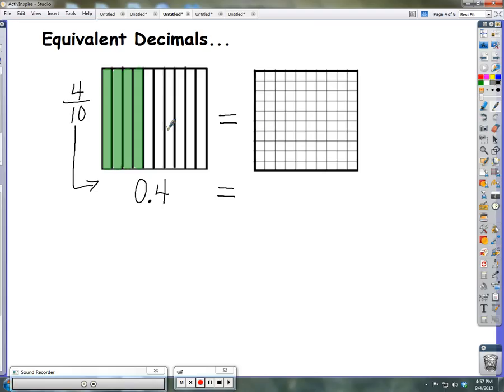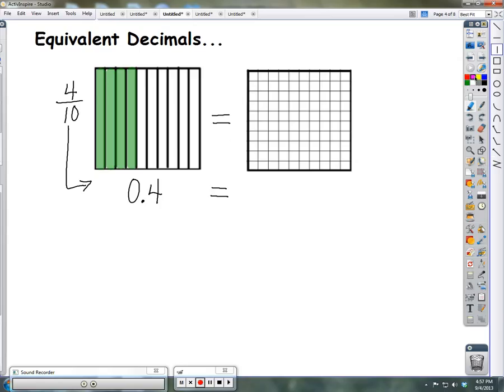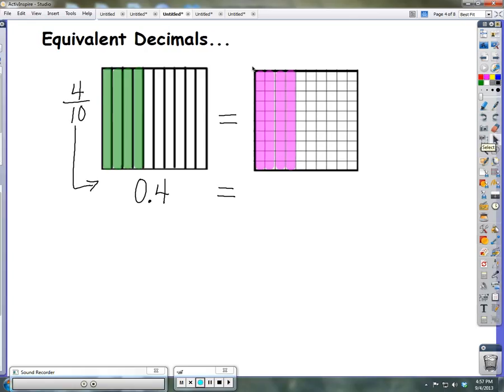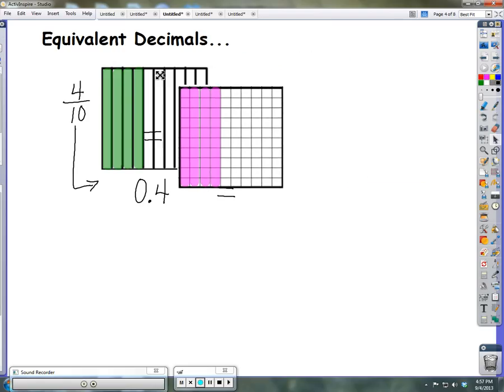Now, on the square to the right, I want to shade an equivalent amount of this square compared to the first square. So I'm going to shade in the next square in pink. Once again, I want to shade in an equivalent amount, so I'm going to shade in the exact same amount. And now to prove that this really is the same amount, I'm going to move this square over top of the other one, layer it on top.